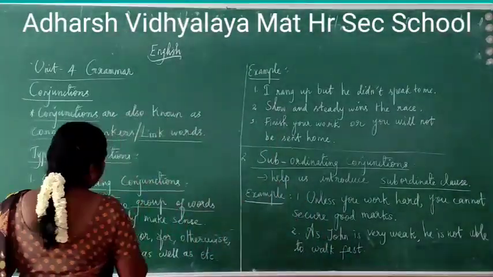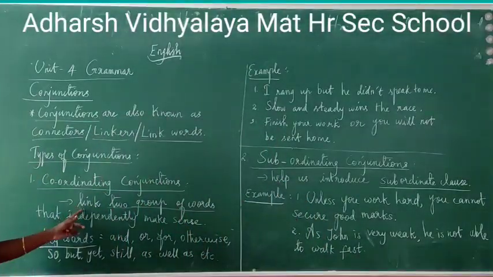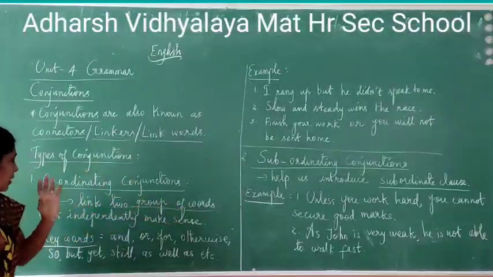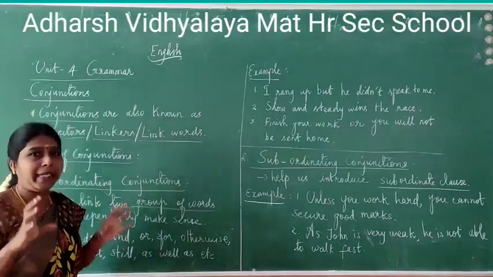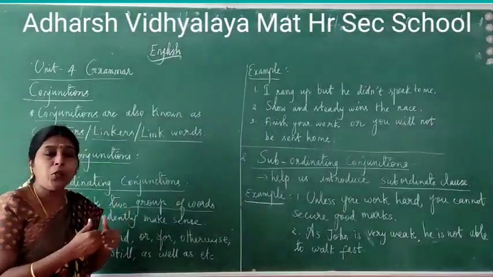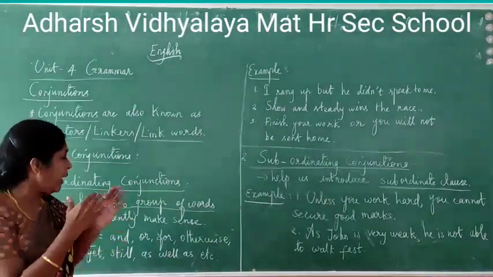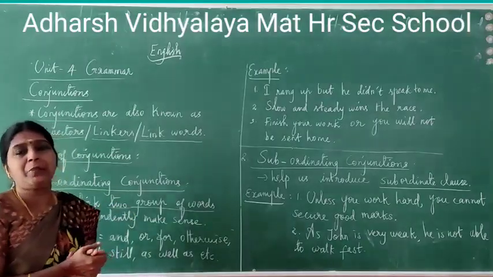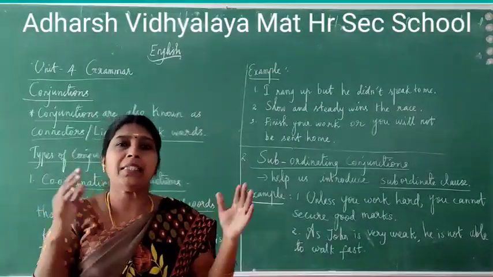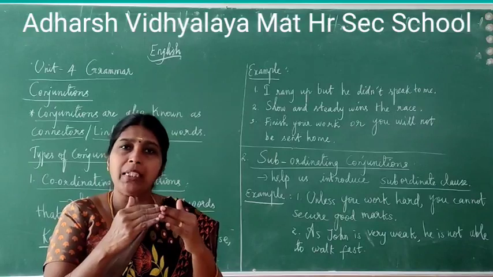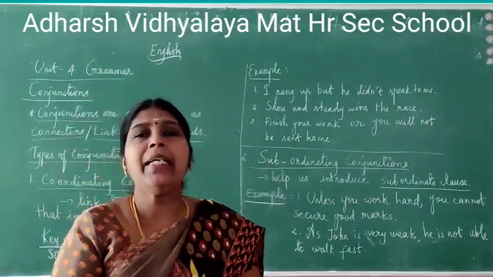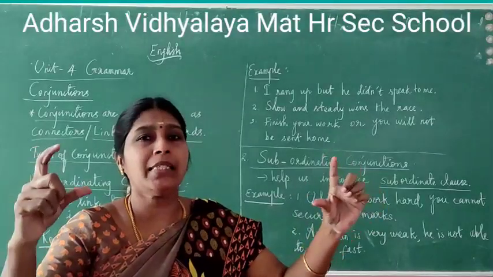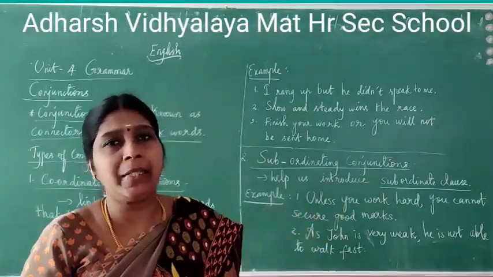What are coordinating conjunctions? They link two groups of words that independently make sense. Sense means meaning. So we join two groups of words that independently make sense, meaning two sentences joined using some linking words. If we take away that linking word, the two sentences give independent, separate meaning.